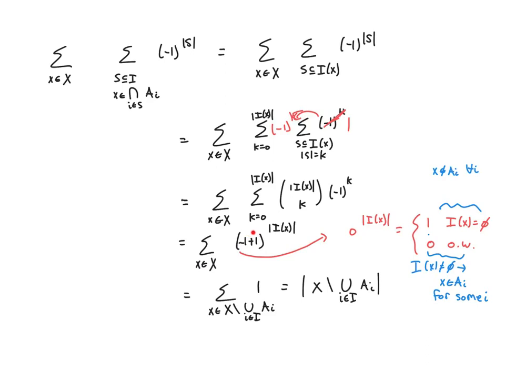In particular, this summation reduces to this. These are the terms where it's 1. And the terms where it was 0 I just ignore, because 0 never adds anything. Now by the Caveman Theorem, this is just the number of people that don't belong to any club. And there we have it, a proof that uses combinatorial reasoning and, in some sense, double counting.